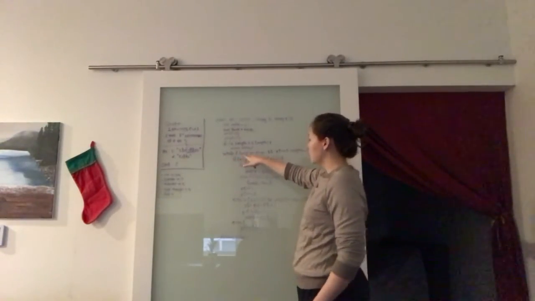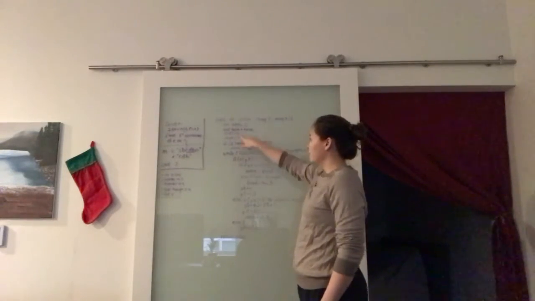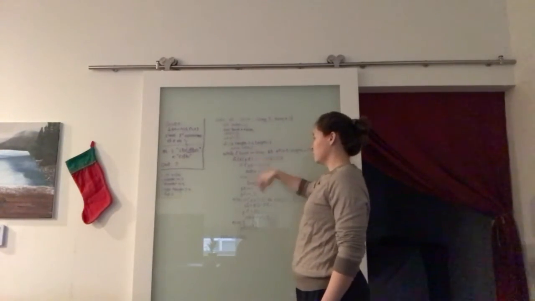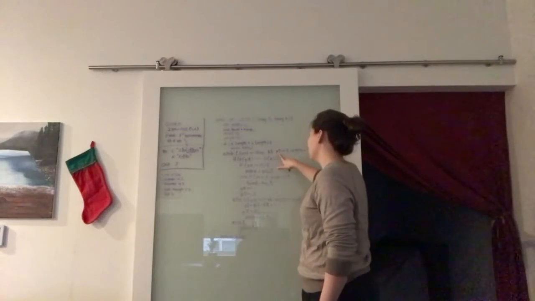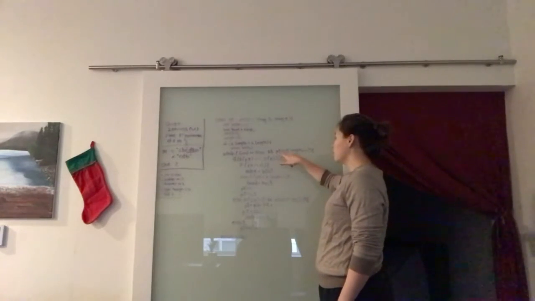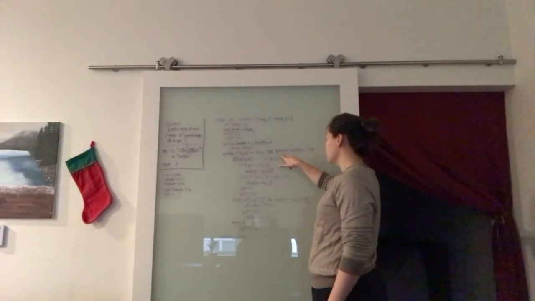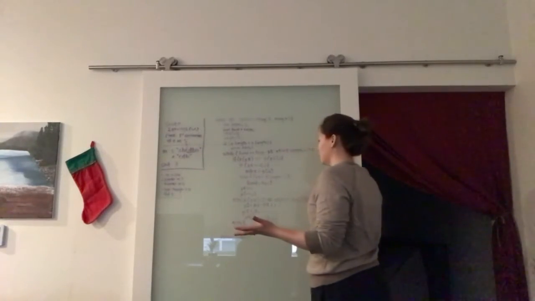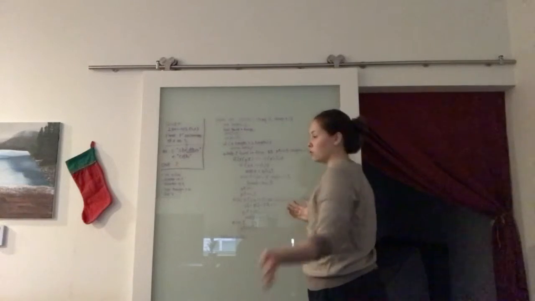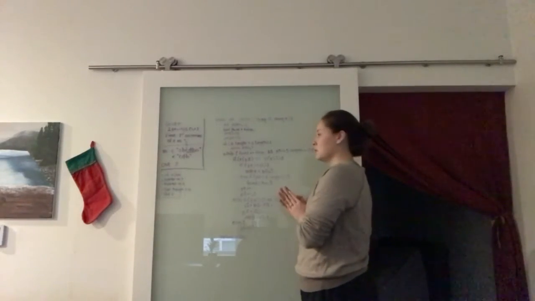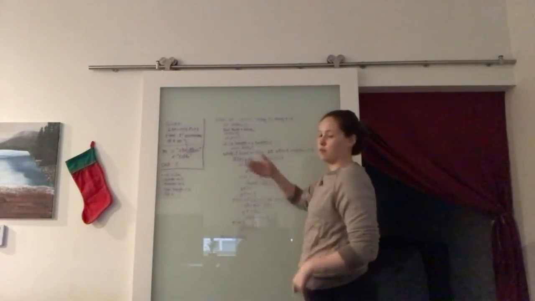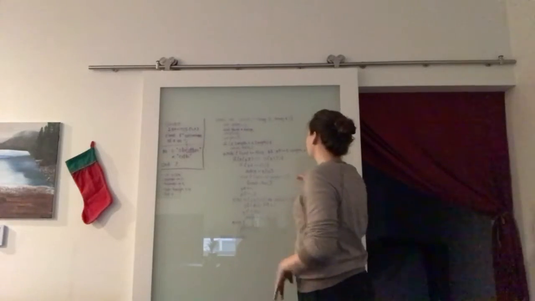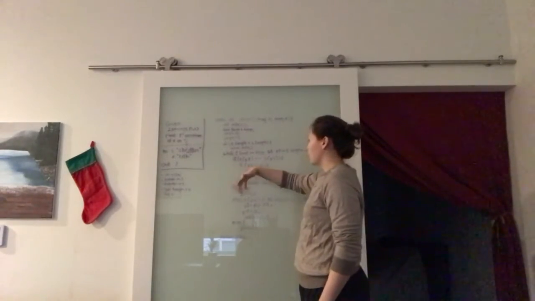So if the boolean found is equal to false, we'll keep going, and the pointer in s is less than the length of s. That's just so if we go through the whole thing and we haven't found it, we will stop. We'll return -1, saying it hasn't been found, or can't be found.